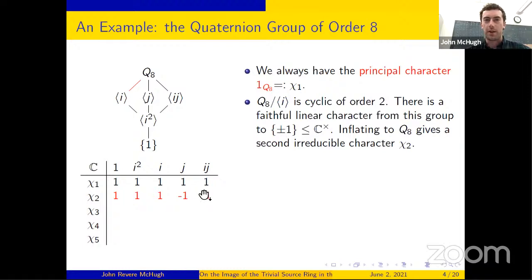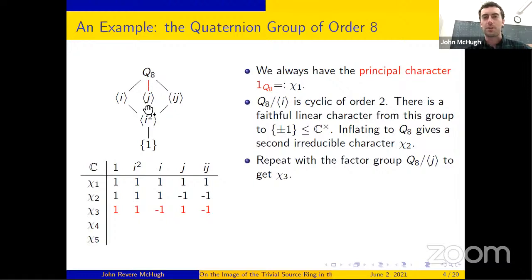To get another irreducible character, you could consider this quotient, which is isomorphic to a cyclic group of order 2. There's a faithful linear character from that group to the subgroup plus or minus 1 in C cross. Then inflating to Q8 gives this second irreducible character. You could do the exact same thing with this normal subgroup instead, and you get the third irreducible character.